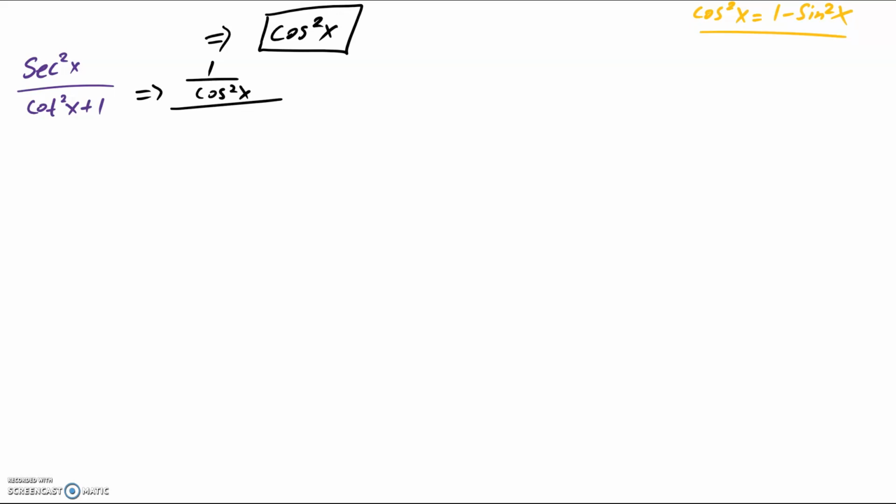In the denominator, I am going to use a Pythagorean identity, which I will write down for you: 1 plus cot squared x equals cosecant squared x. I will use this identity in the denominator, and it changes into cosecant squared x.